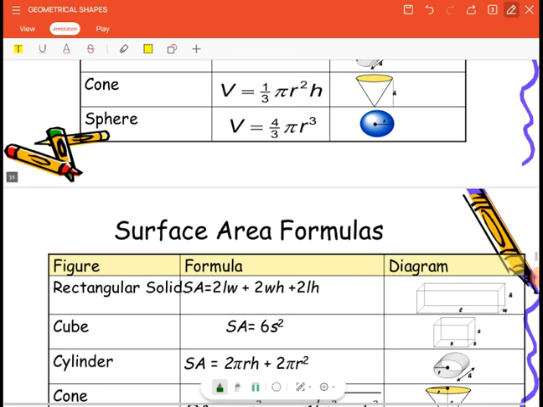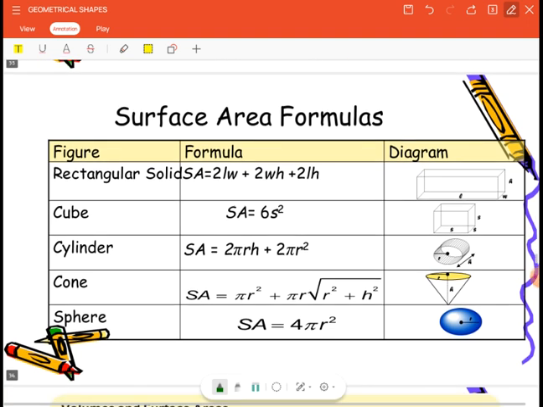Okay? And for the surface area, we have, for rectangular solid, 2 times length times width plus 2 times width times height plus 2 times length times height. For the cube, 6s squared. For the cylinder, yung surface area is equals to 2 pi r h plus 2 pi r squared.